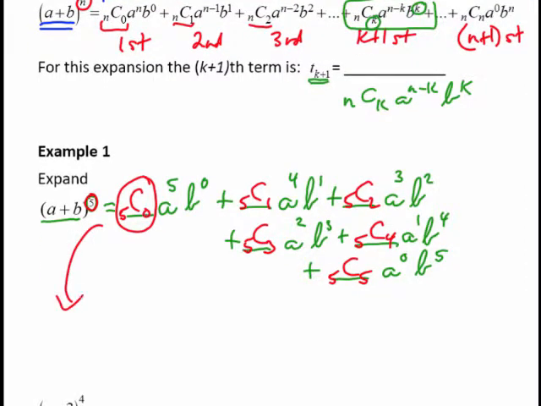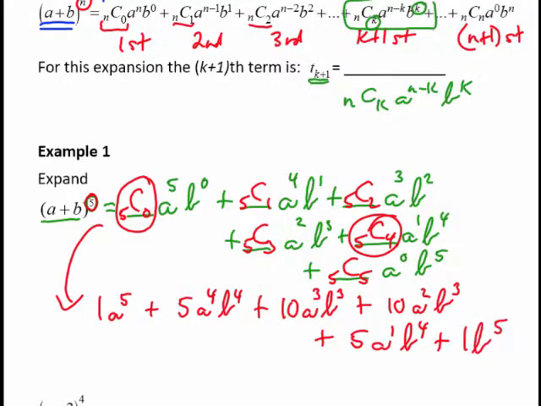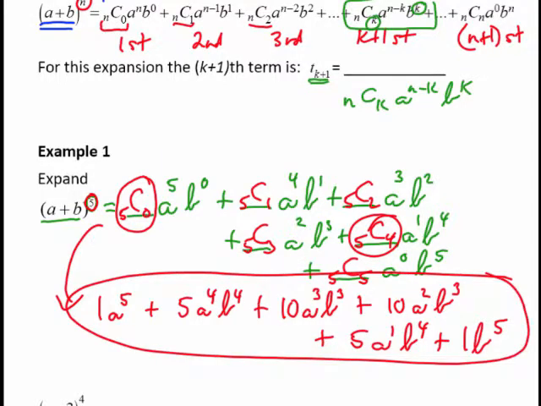And so this is going to reduce: 5 choose 0 will be 1, a to the 5th, b to the 0 is just 1. 5 choose 1 is 5 from Pascal's triangle. 5 choose 2 from Pascal's triangle is 10. 5 choose 3 is 10. 5 choose 4 is 5. And 5 choose 5 is 1. So it's 1 b to the 5th, and I have my 6 terms in the expansion of a plus b to the 5th.